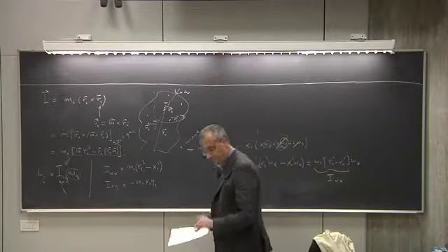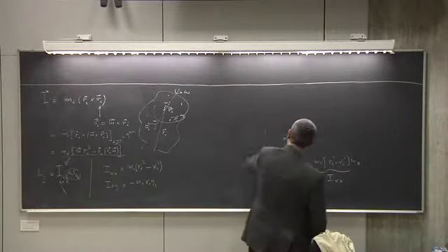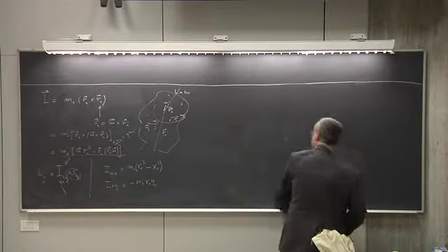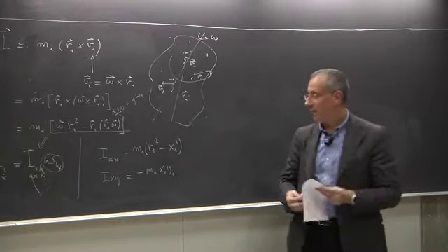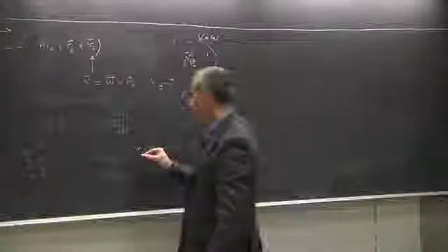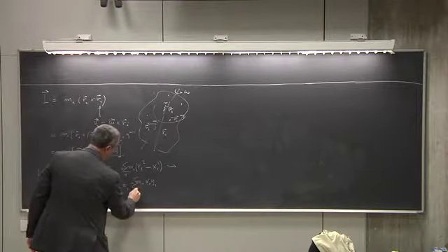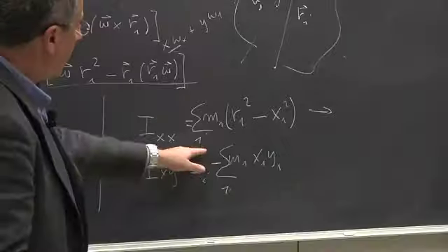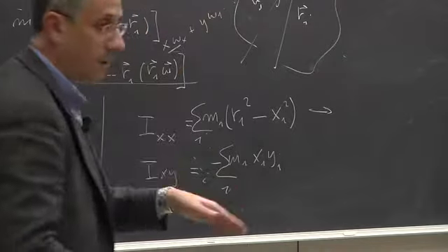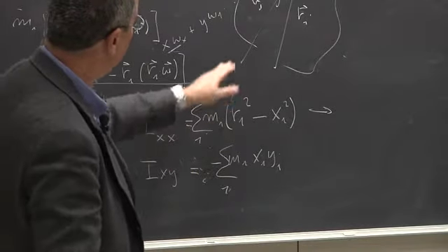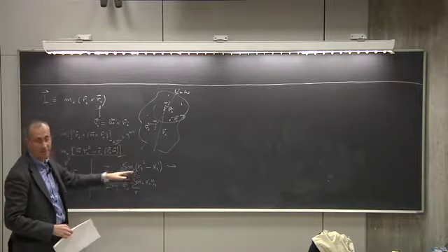And actually, the next level of generalization is that, okay, this is for a collection of point particles, but really the rigid body is a continuous distribution of mass. This is the Einstein sum implicit in the repetition of the same index, but as you may guess, if you go from a discrete distribution of masses to a continuous distribution of mass, you can replace this by an integral, right?